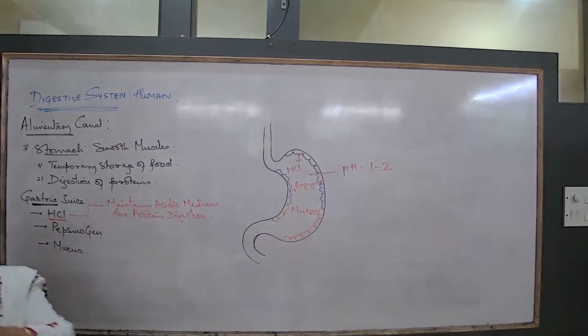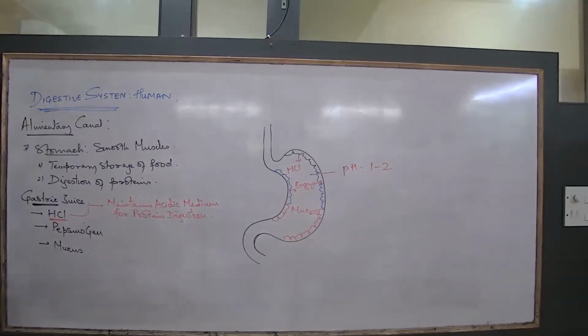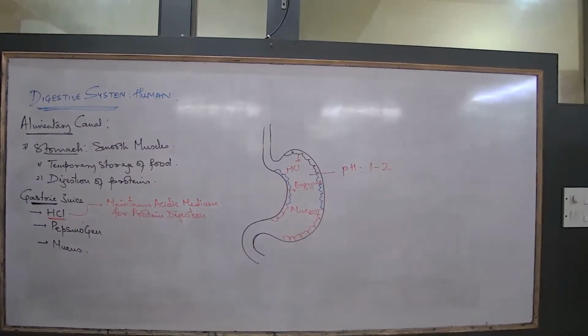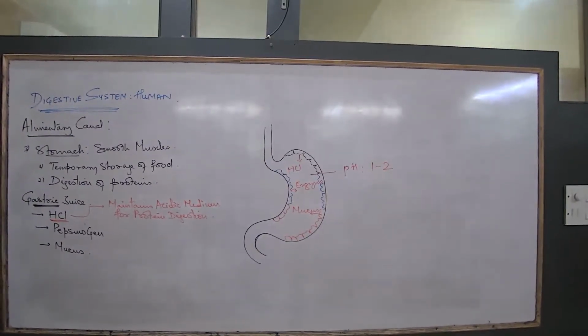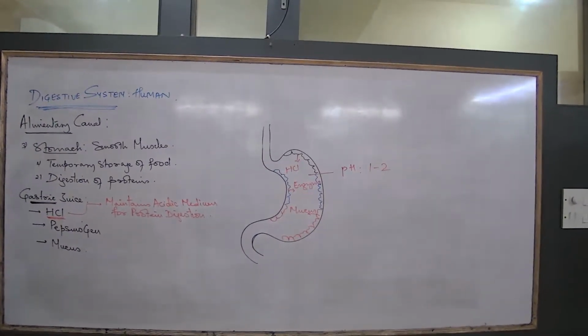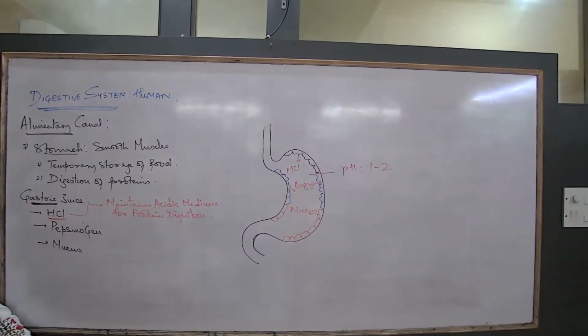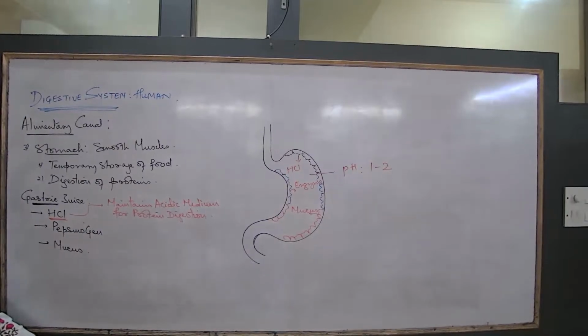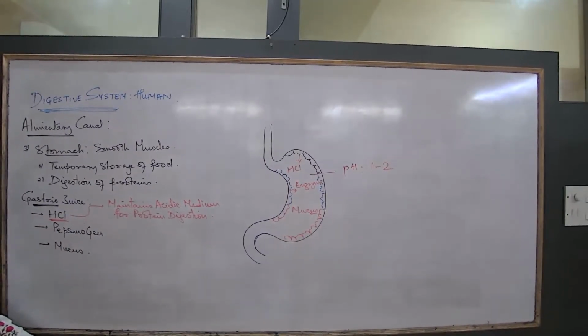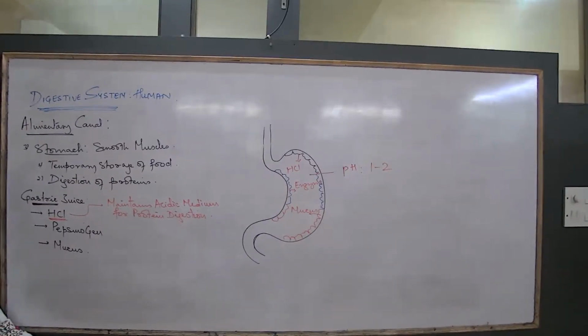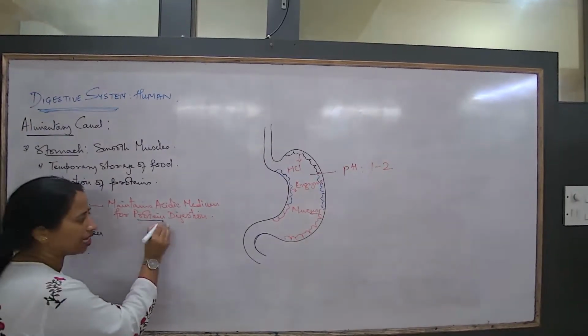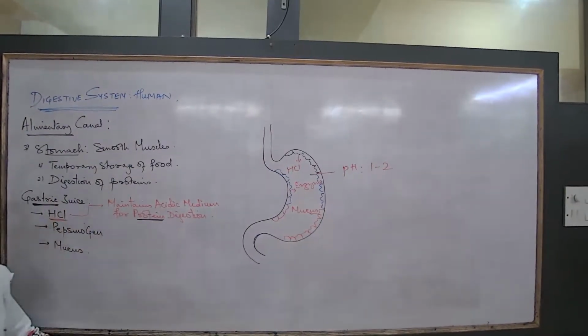If you remember the pH scale, it is 0 to 14 and 7 is neutral. 1, 2 is strongly acidic to weakly acidic. Strong, if I'm talking about 1, 2, 3. So it is quite strong. The hydrochloric acid produced by the wall of the stomach maintains an acidic medium because for the digestion of protein, an acidic medium is always necessary.